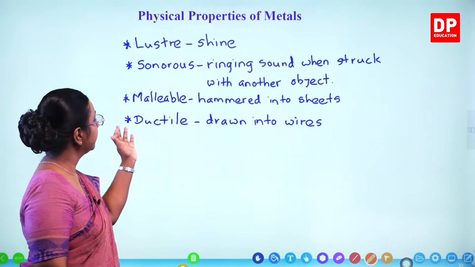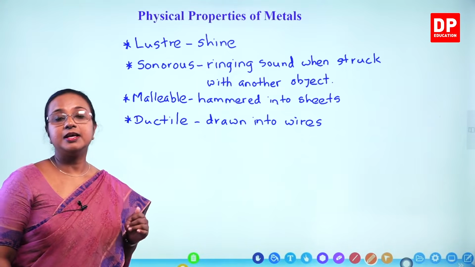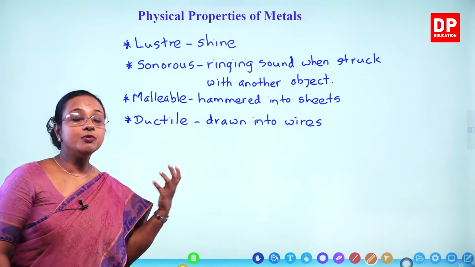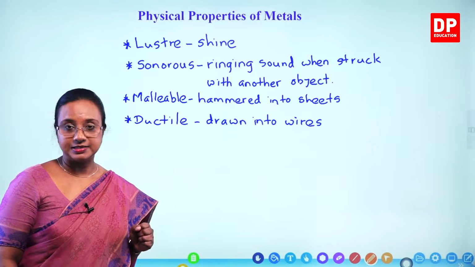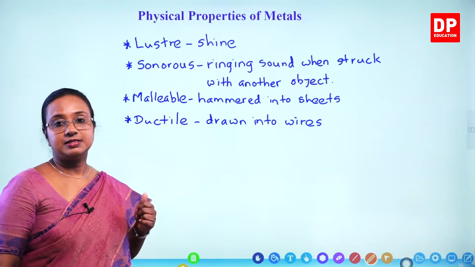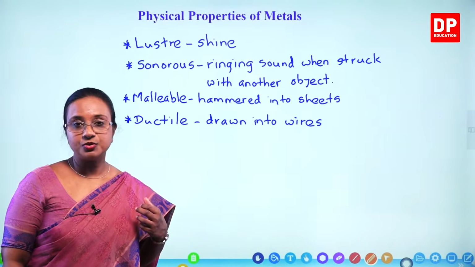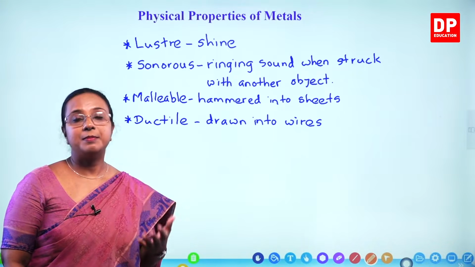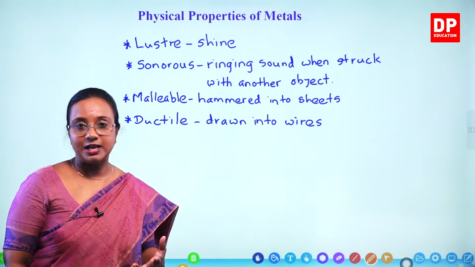And as I said, ductile copper wire is used to conduct electricity. And most of these metals are very good conductors of electricity. And also the cooking utensils, most of the vessels in the household are made up of metals because they can conduct heat very well.